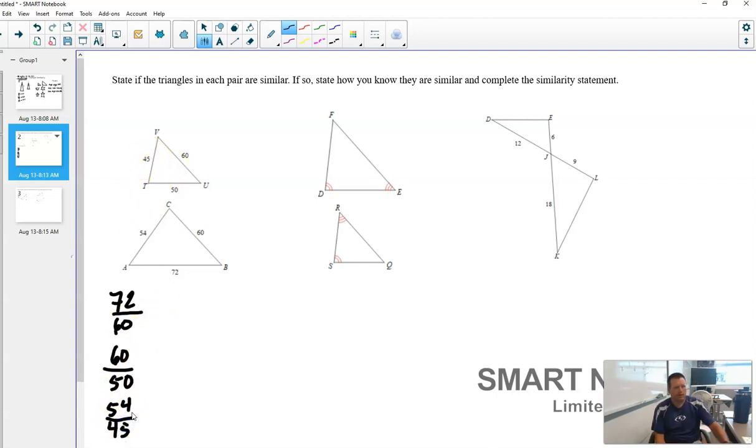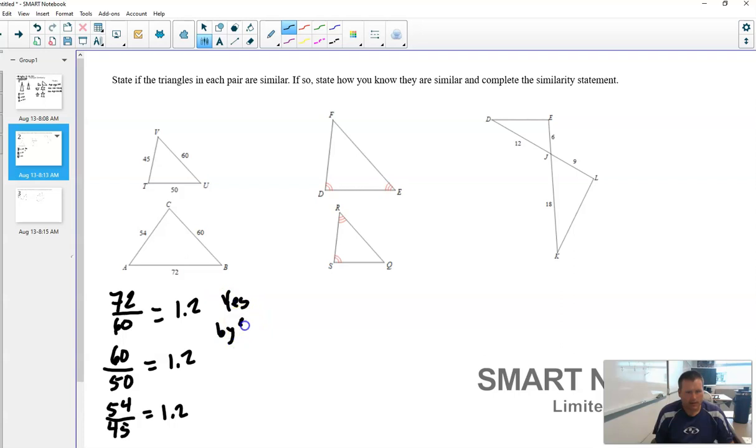Then all I'm going to do is divide those and make sure that they're all the same. They have to all be the same, okay? If you get through 2 of them and they're not, then you know that they're not. So this is 1.2, this is 1.2, and this is 1.2. So I would say yes, they are similar, and it's by side, side, side.